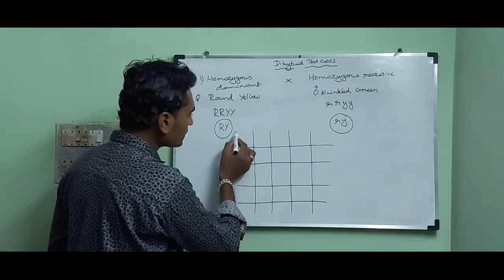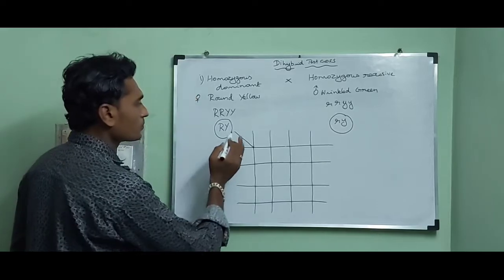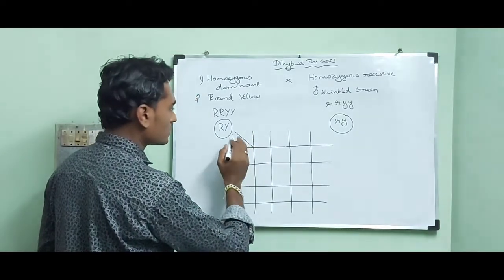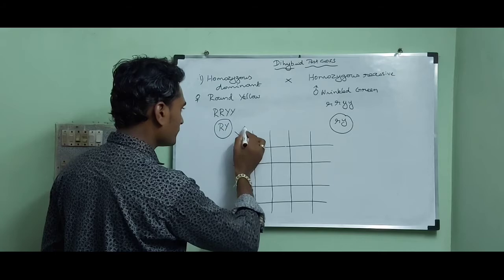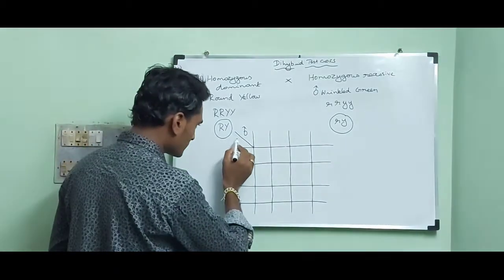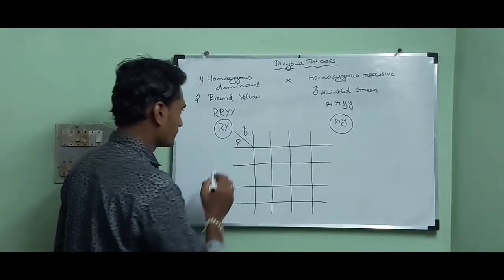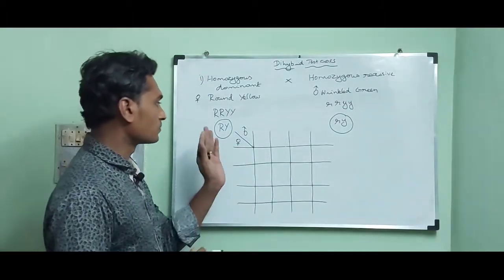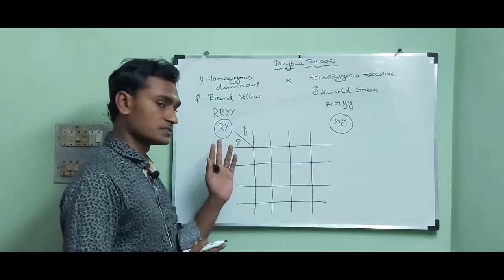In rows we have to place the male gametes, and in columns we have to place the female gametes.